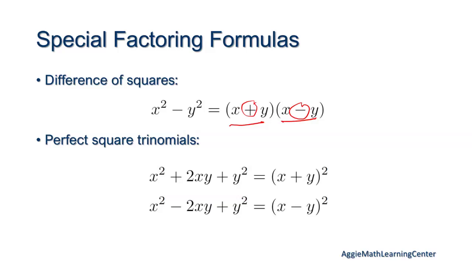With a perfect square trinomial, you still have your perfect terms at the very ends, but you'll have either a plus 2xy for a positive, or a negative 2xy for a negative. We'll go into this a little bit more, but those are the special factoring formulas.